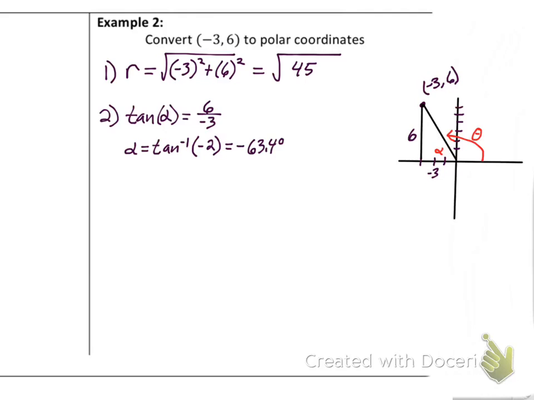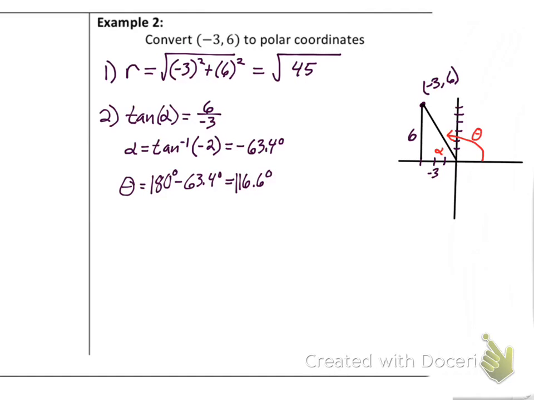63.4 from 180. So our actual theta is going to equal 180 minus our 63.4 degrees, and that's going to equal 116.6 degrees. So in polar coordinates, yeah, did I miss something?